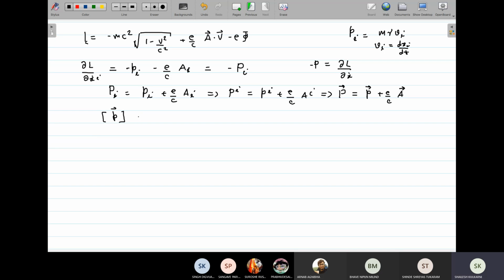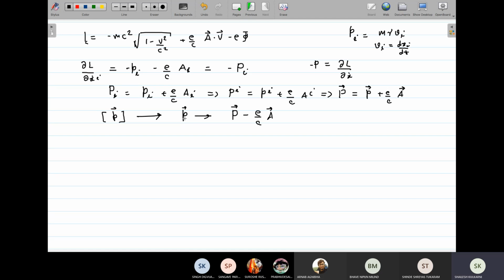I will get the corresponding expression for a particle in a magnetic field by replacing this p by the canonical momentum P minus e/c A. This is a very short cut to achieve the result for a particle moving in a magnetic field from the corresponding result for a freely moving relativistic particle.